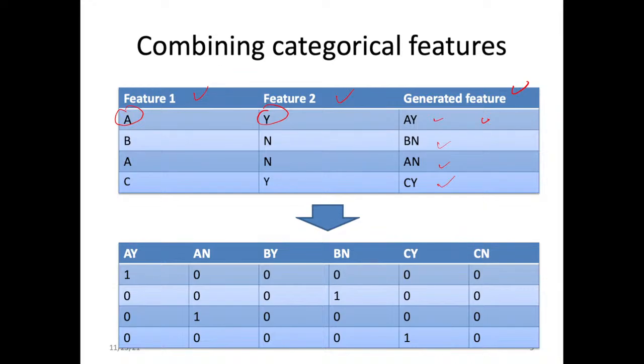Because sometimes, for example, when feature 1 is B, feature 2 can only be N and cannot be something else. Sometimes that might be the case. So that's why sometimes people just combine the categorical features and compute the one-hot encoding after combining the categorical features.